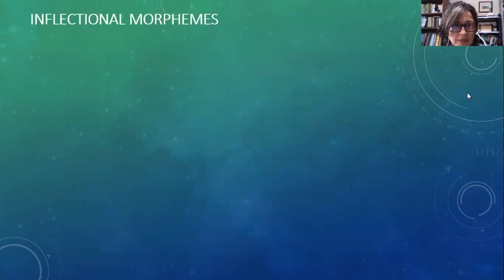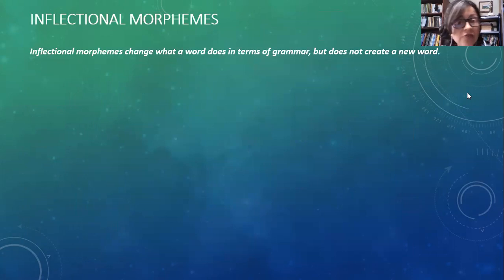In this slide, we can see it in detail. Inflectional morphemes change what a word does in terms of grammar, but don't create a new word.